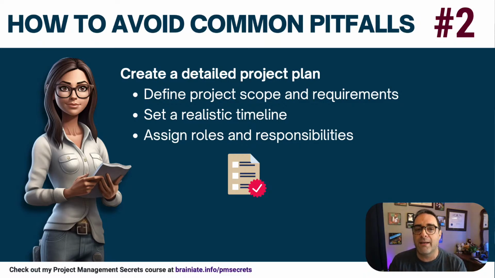Within that document, we're able to set a realistic timeline: here is what we're going to achieve, and here's when we expect to achieve it. Here's when we expect to have all of the different milestones accomplished. And we're also able to assign roles and responsibilities within the project plan to help everyone clearly identify who is responsible for doing what as it relates to this project. Just the exercise of having that clearly written out on paper will help everyone involved clearly understand here are our marching orders.